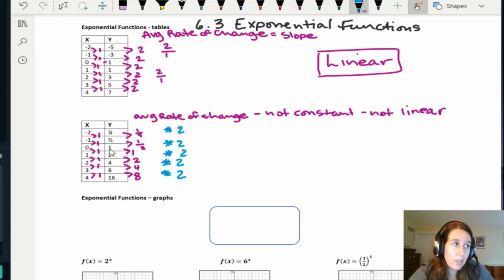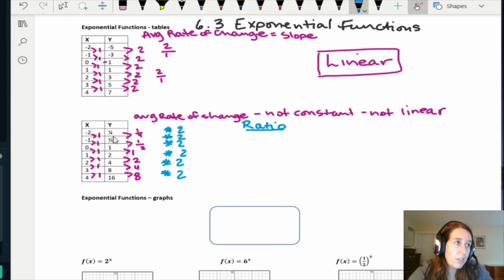And then 1/2 times 2 is 1. So what we're seeing is that each of the y's is multiplied by 2. Rather than adding the same thing to each y value, we are actually multiplying each y value by 2. And what is constant in this is what's called the ratio.